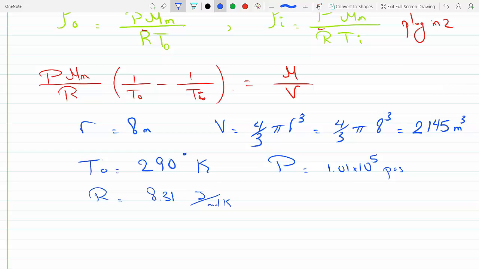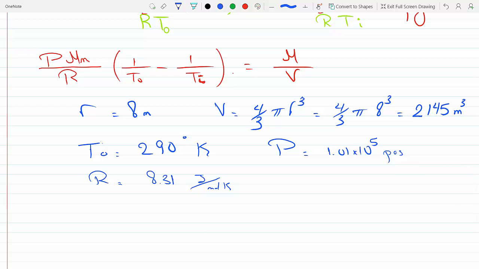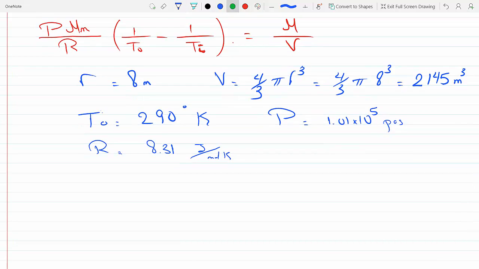Okay, that's it, and then we're just gonna solve for the T outside from this red equation here. So let's see, 1 over T inside, let's just move everything else to the left.